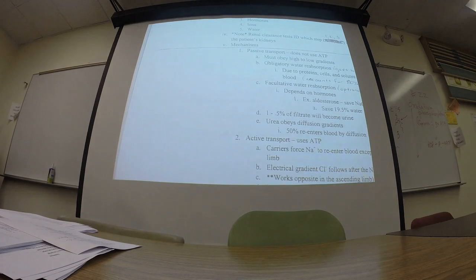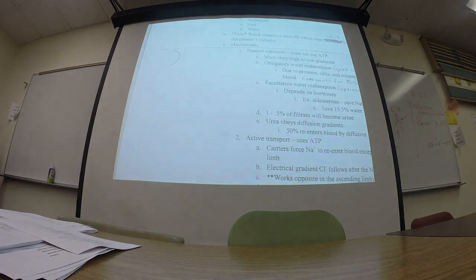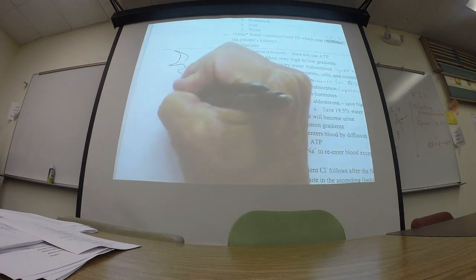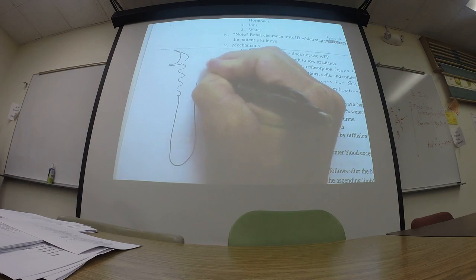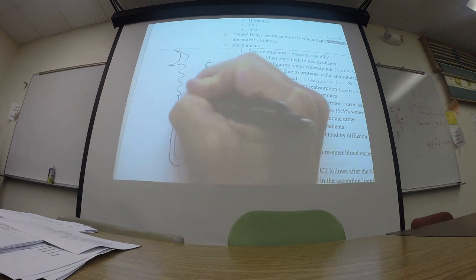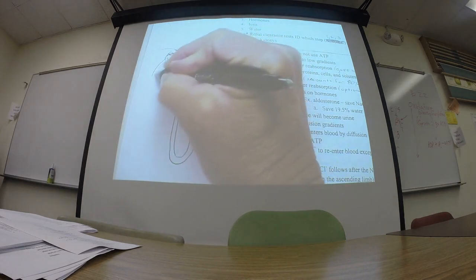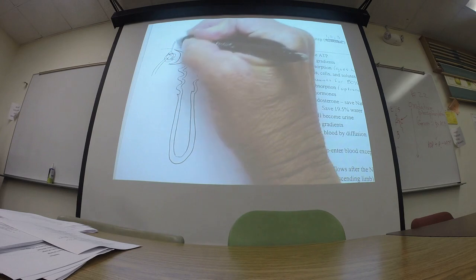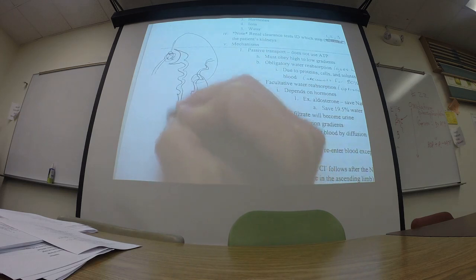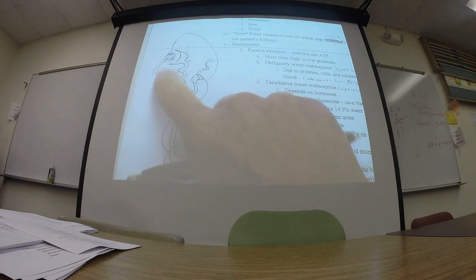Step 2. What is this called? Afferent arteriole.